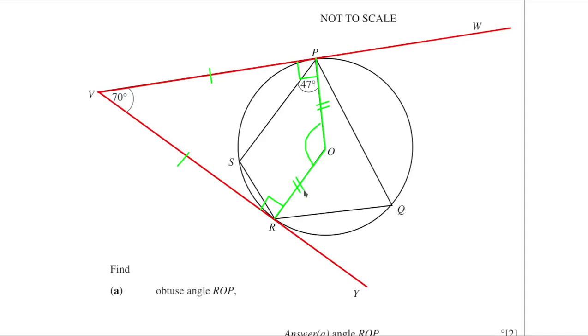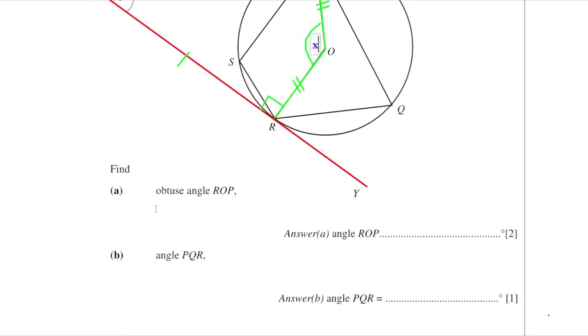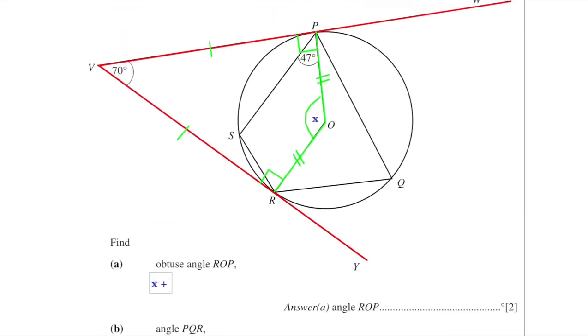The sum of the interior angles in a kite must give you 360 degrees. So if I put an X here, I can find the required angle by saying X plus 70 plus 90 degrees plus 90 degrees should give me 360 degrees.